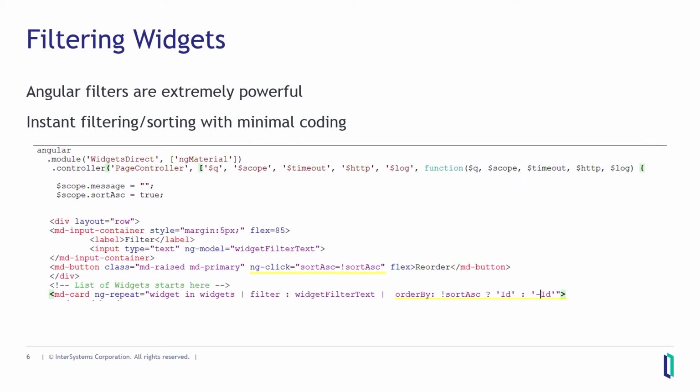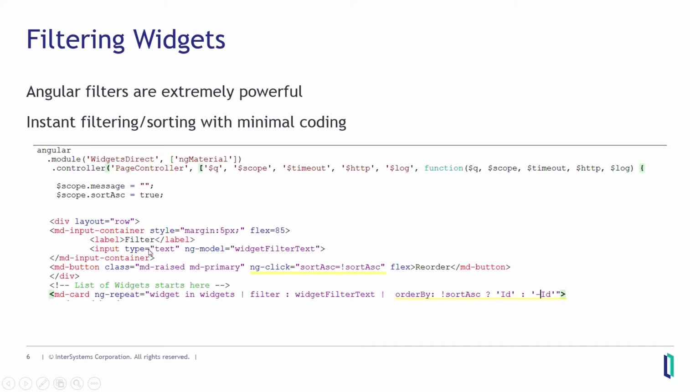So we've got a view page, and that's great, just listing some widgets, but we want to make it a little better. We're going to add some filters. This is a feature of Angular. You pretty much get it for free when you're using Angular. And this is the code changes we've made. I think there's 4 lines of code or something. We add a couple properties to our controller, sort ascending and widget filter text, which you don't see.